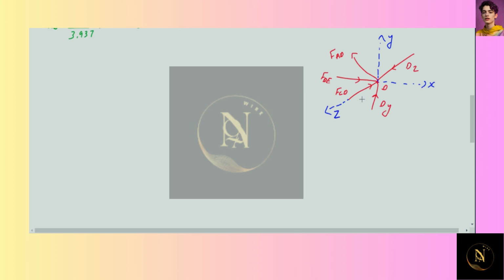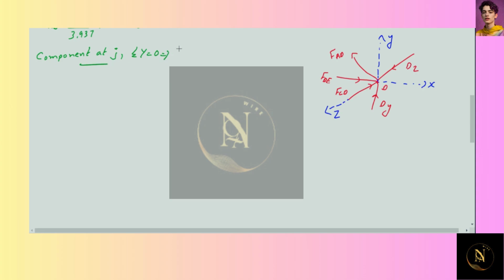Okay, now for joint D, the component in the j direction. To find the component in the j direction, we have to find the summation along y equal to 0.